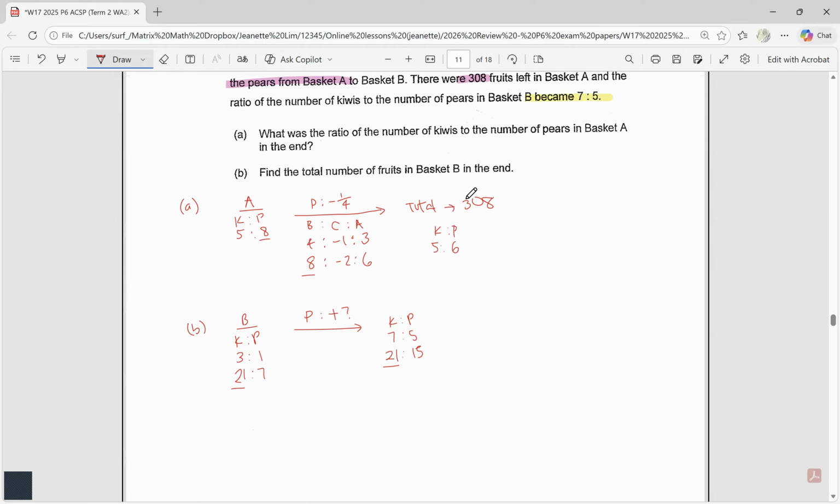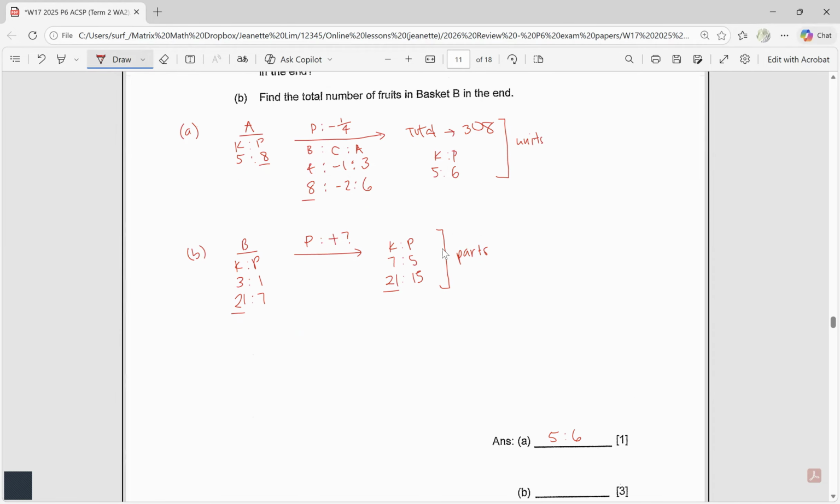This 308 is 11 units. Let's call this units, then let's call this parts. For units, 308 will be 11 units, because 5 plus 6. 5U plus 6U equals 11 units.